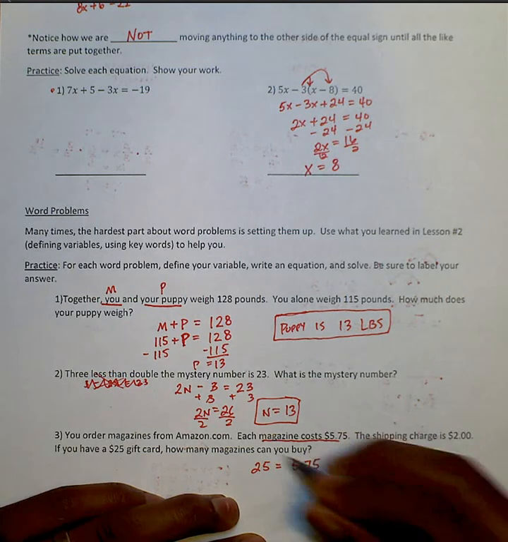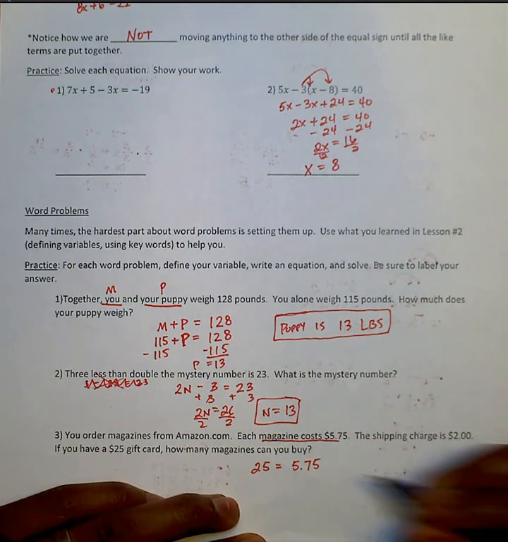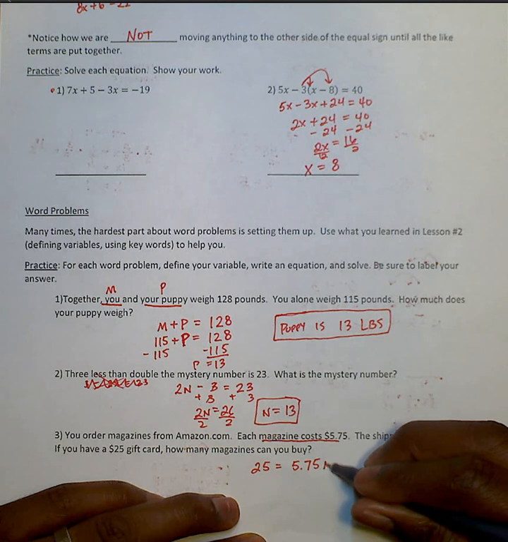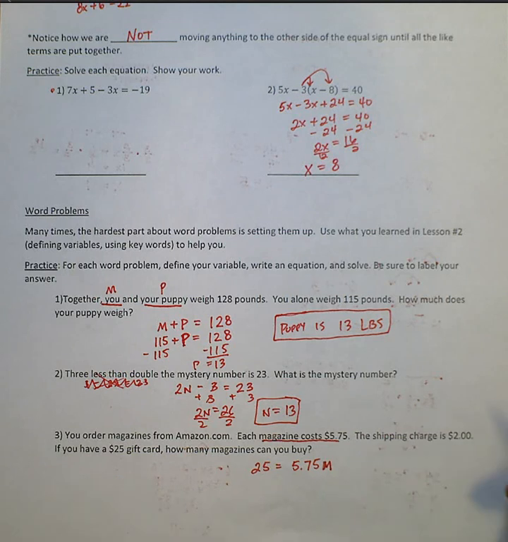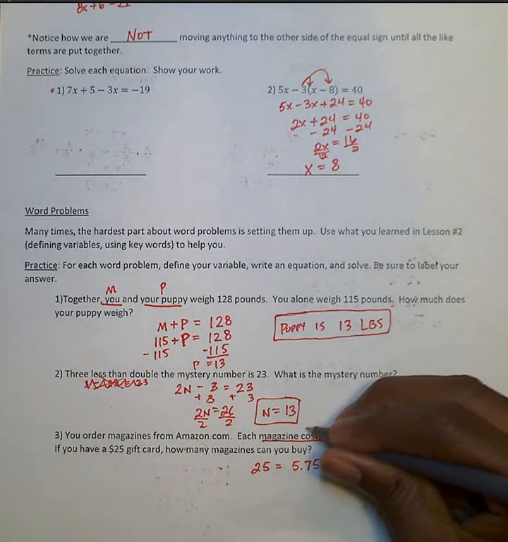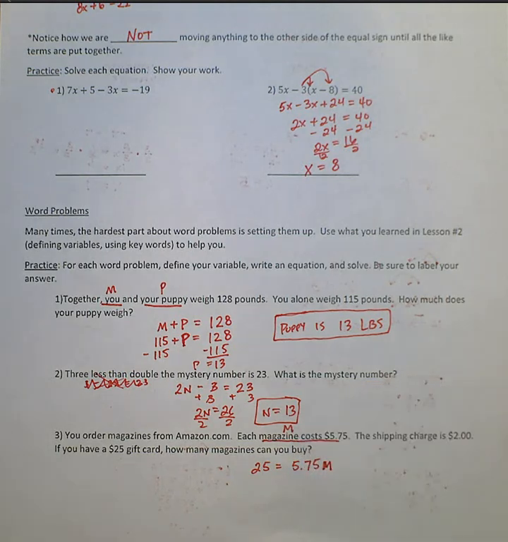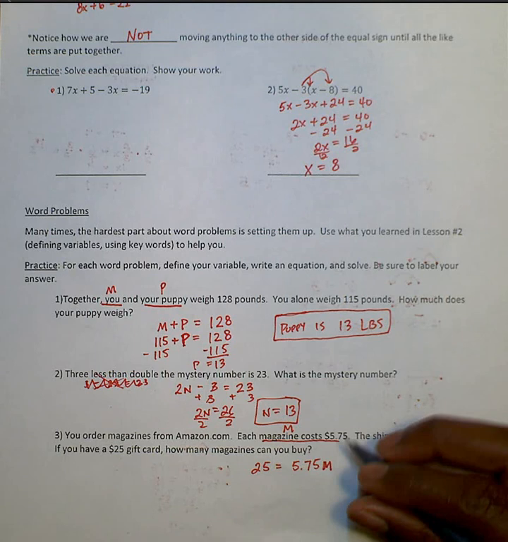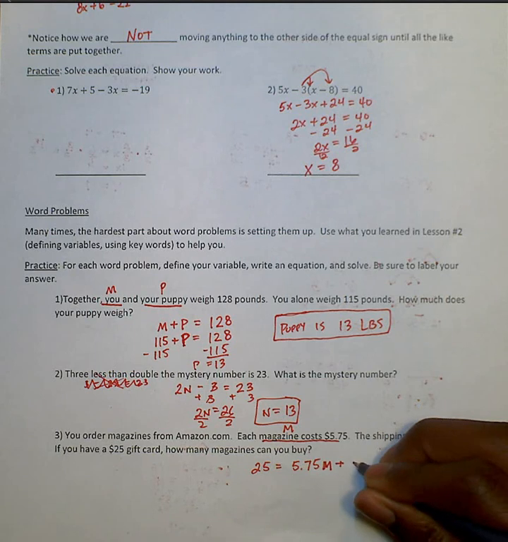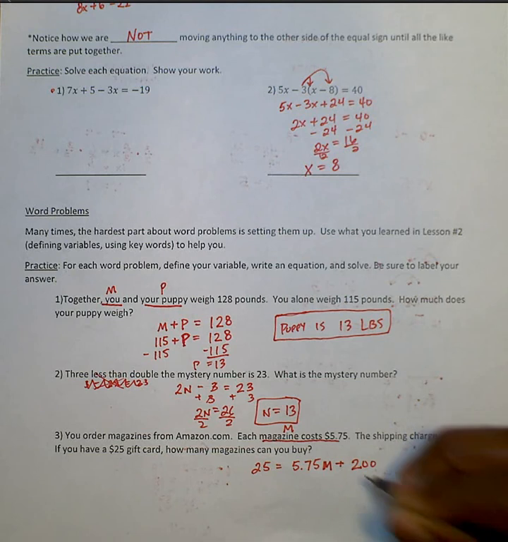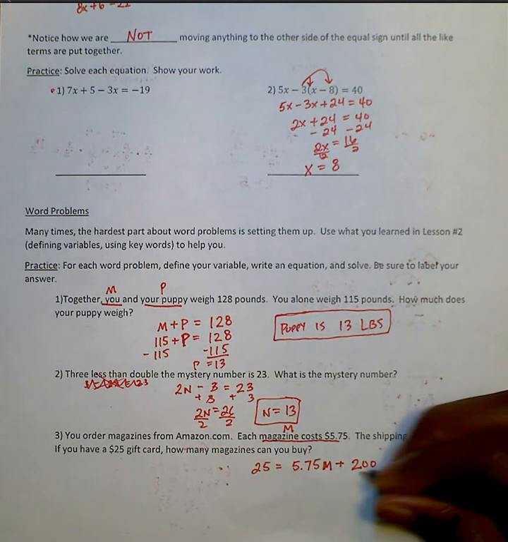We don't know how many magazines we're going to order, so I'm going to put a variable there: $5.75 times M, the number of magazines. And then, in order to get my magazines home, I need to pay a shipping charge of $2.